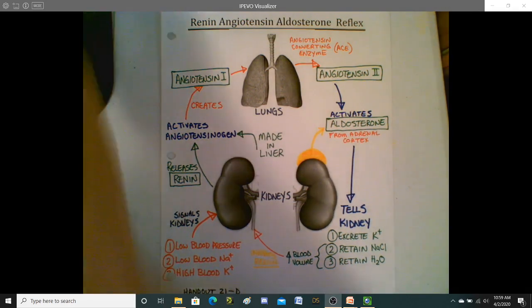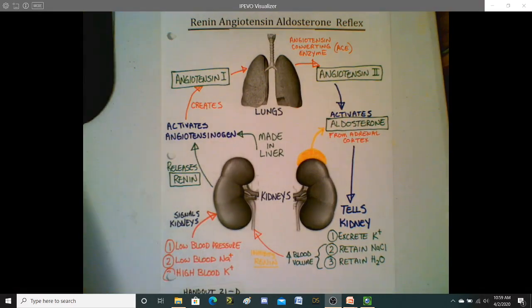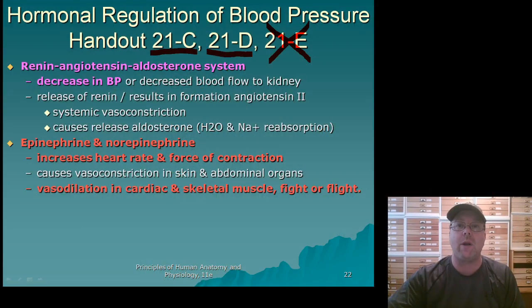Okay, so this should take care of chapter 21. Remember, our test will be coming up, and you need to be going over this stuff. The test will be on D2L, and you will see a date for that pop up here when I get the test started.